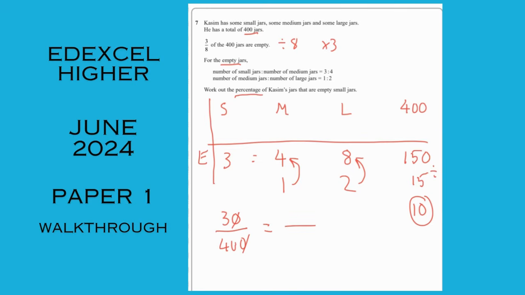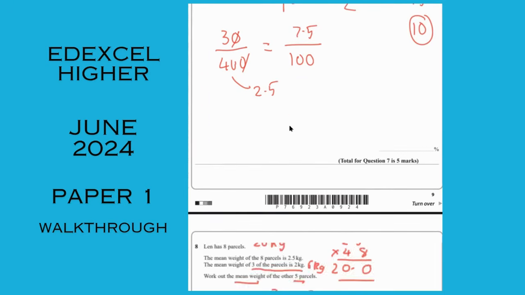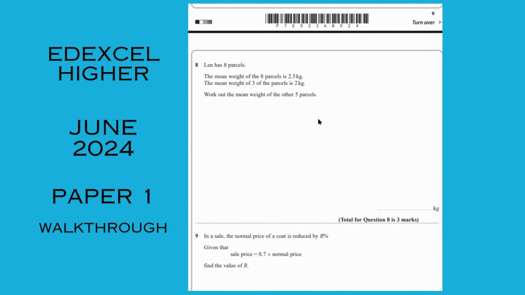To get it as a percentage, always handy to go over 100. 40 does not go into 100 very easily unless you know the old trick of multiplying by things like 2.5, 3.5 and so on. And this one's a 2.5, which means double it and add on half. 3 doubled is 6. Add on half gives you 6 plus 1.5, 7.5, and bosh, that's your percentage.